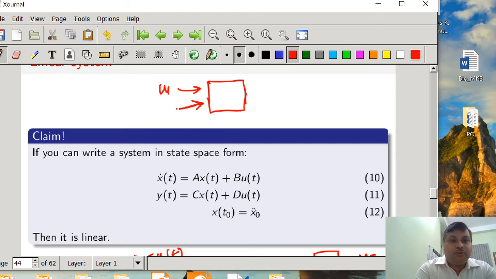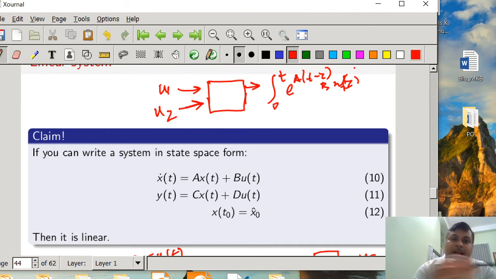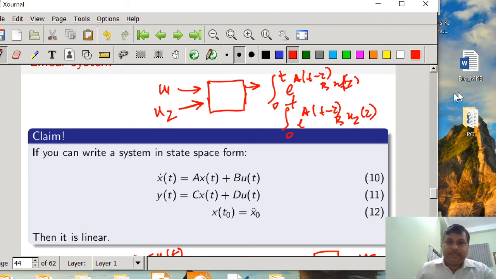So what will be the output for u1? It will be the integral from 0 to t of e^(A(t-tau)) B u1(tau) d tau. And if we excite the system with u2, we get the integral from 0 to t of e^(A(t-tau)) B u2(tau) d tau.